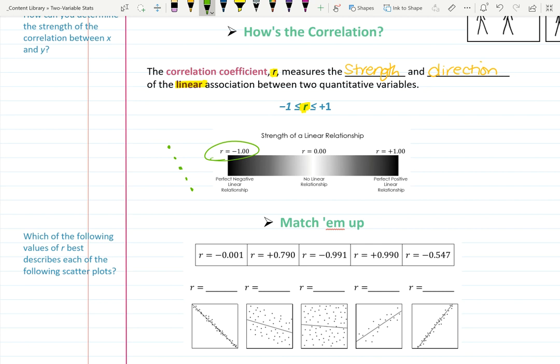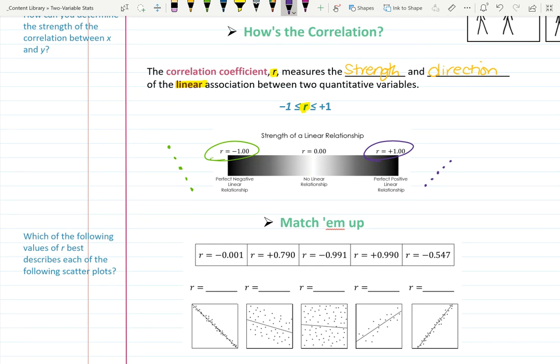So the closer something is to -1, like -0.9, that is a very strong negative linear relationship. On the other hand, if you've got a perfectly straight line that has a positive slope, then we are going to have a positive correlation coefficient.